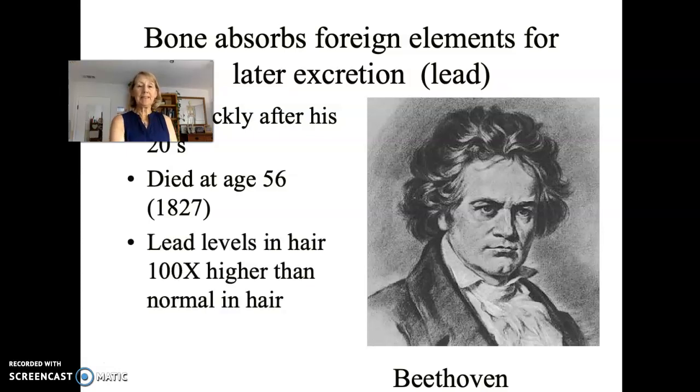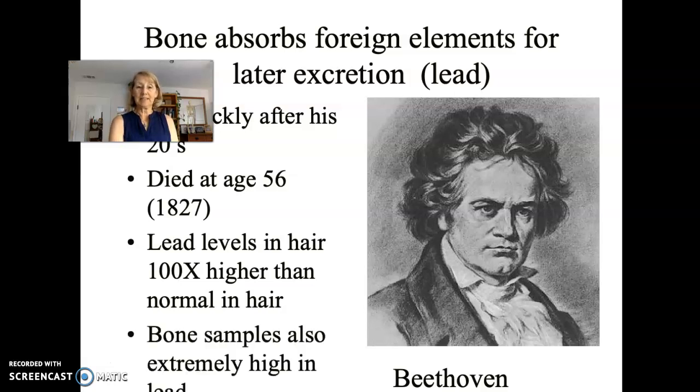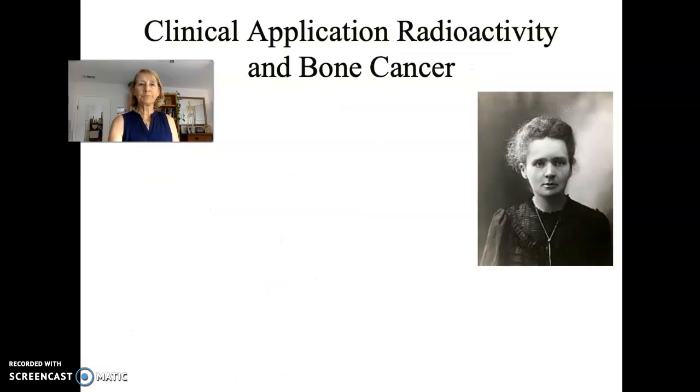And when they tested, posthumously, the lead levels in his hair were 100 times larger than in some normal individual. So he had great contamination. And then they looked at his bones, and in the bones, they also found extremely high levels of lead. All this to tell you that bones will store some of these toxins. It sequesters them away, takes them away from the blood, and puts them in the bone.